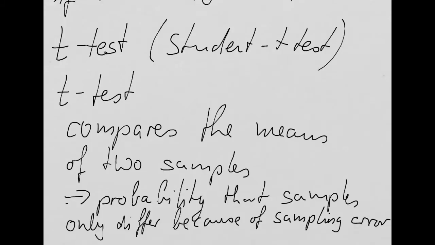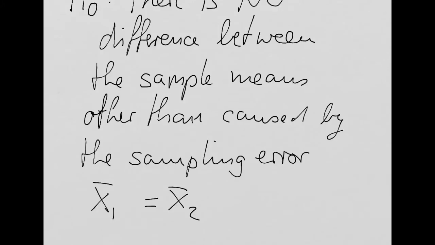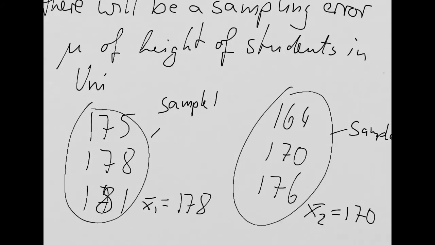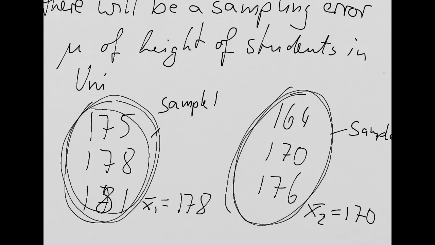Now, let's say we have our two samples that I had earlier. What was it? 175, 178, 181. And I want to compare that to these three observations.